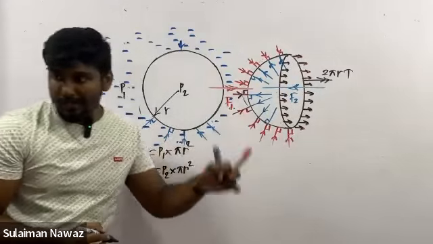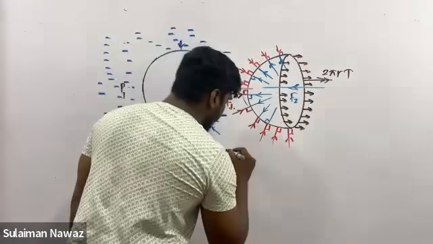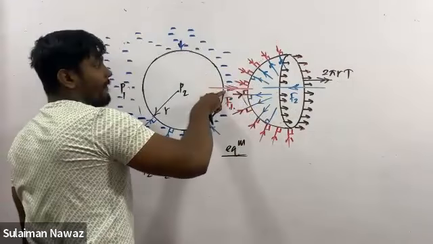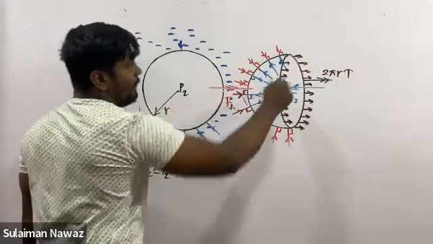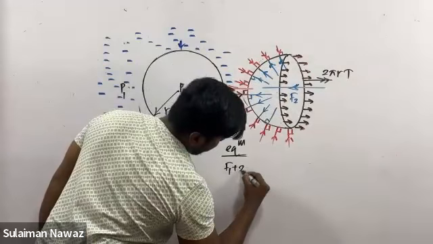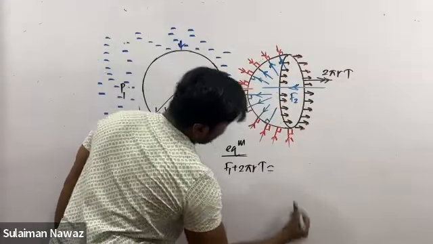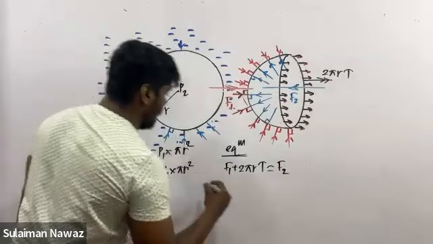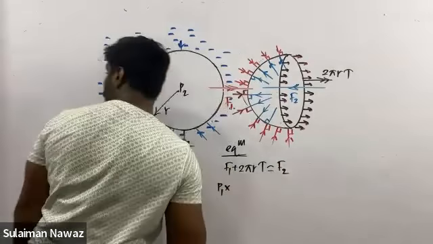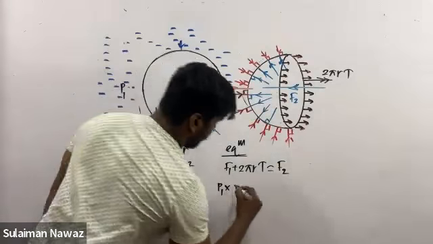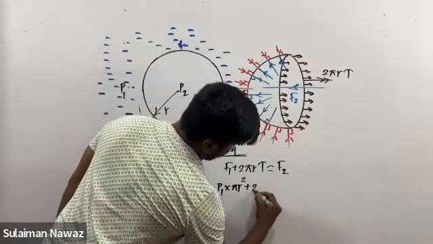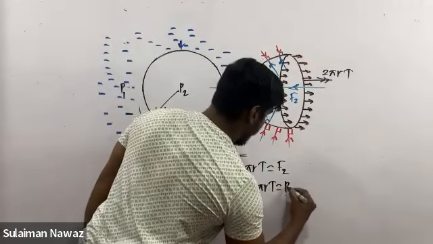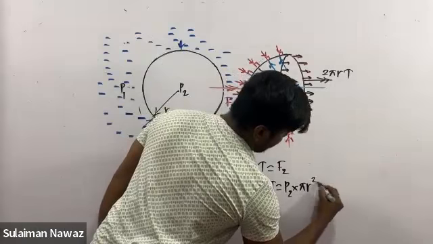If I consider the equilibrium of the air bubble, F1 plus 2 pi r T must be equal to F2. F1 is P1 into pi r squared, plus 2 pi r T, equals F2, which is P2 into pi r squared.